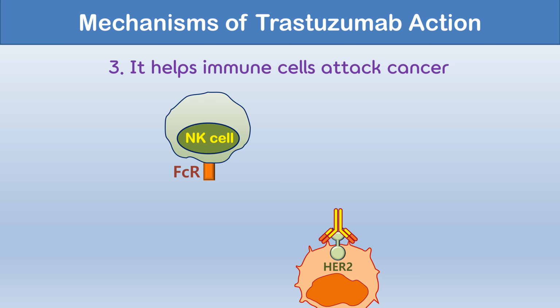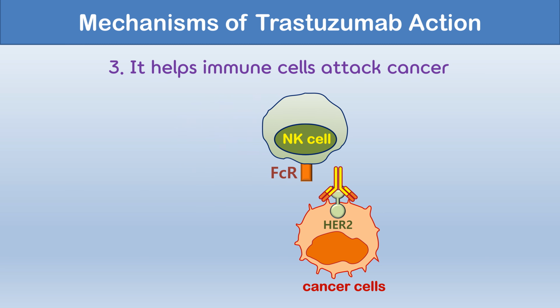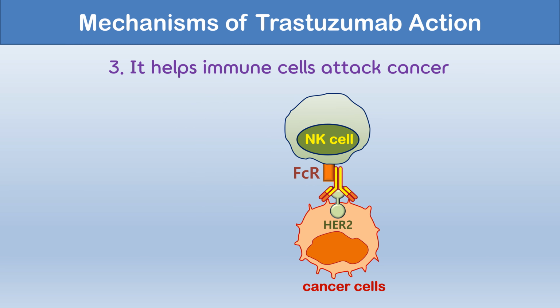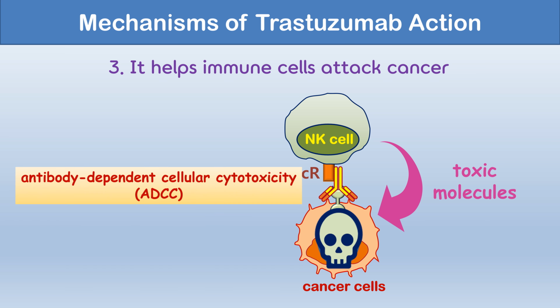So, when an NK cell encounters a cancer cell coated with trastuzumab, it recognizes the cancer cell through the binding of FcR to the antibody. Then the NK cell kills the cancer cell by releasing toxic molecules. This mechanism is called antibody-dependent cellular cytotoxicity, or ADCC.